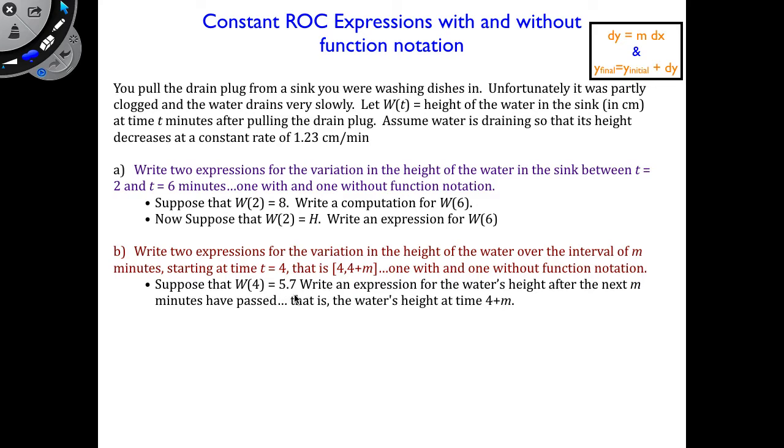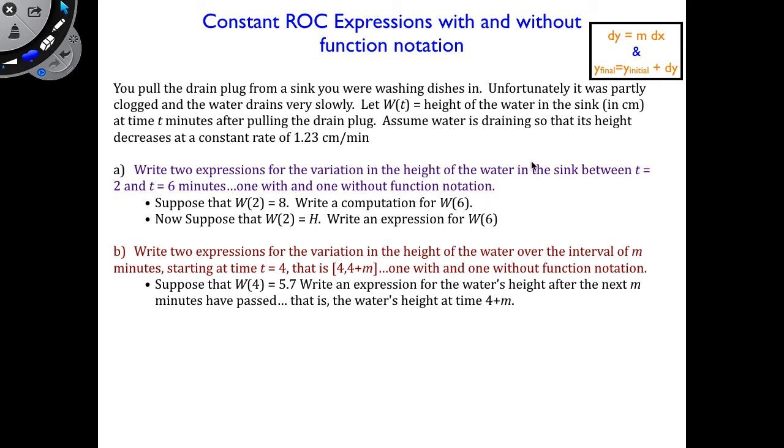Let's write an expression for the water's height after the next m minutes have passed. So you see this is talking about the same interval. At time 4, I have some information, and then I want to know what happens by m minutes later. That's that interval 4 through 4 plus m. So if I want to write an expression for the height of the water, that's not a change in the height of the water, that's not a dy, this is a height of the water, a y value, and in fact it's the height of the water at the end of something, so I can think of it as y final.